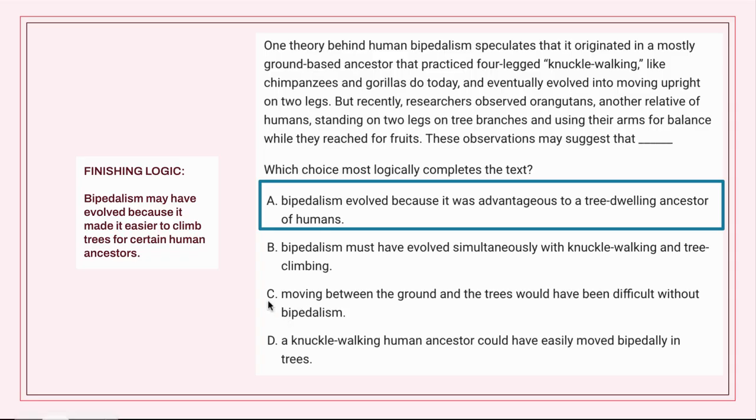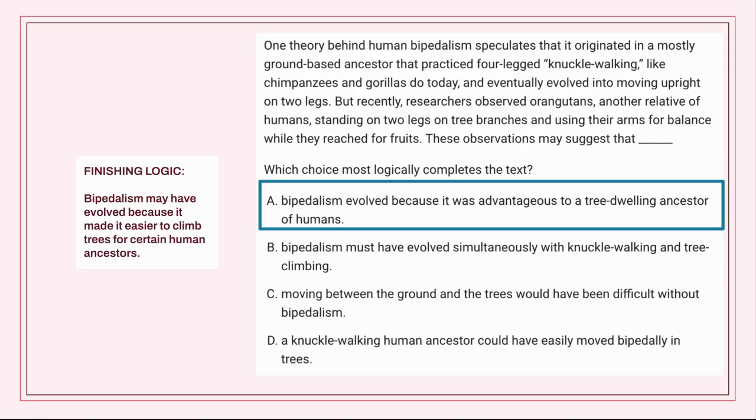Okay, so C: moving between the ground and the trees would have been difficult without bipedalism. Well, this one is kind of tempting because this is implying that bipedalism made it easier to move in the trees. But we're not technically talking about moving between the ground and the trees, so going from the ground to the trees and the trees to the ground. That's not necessarily what we're talking about, I don't think. To me, it sounds like we're just talking about once you're in the tree, how you're moving in the tree.